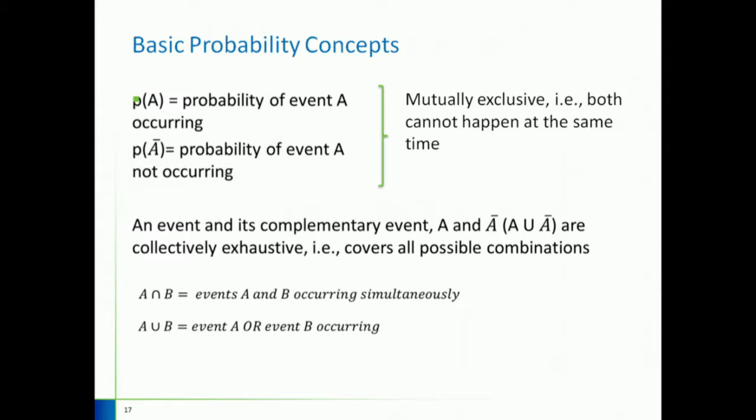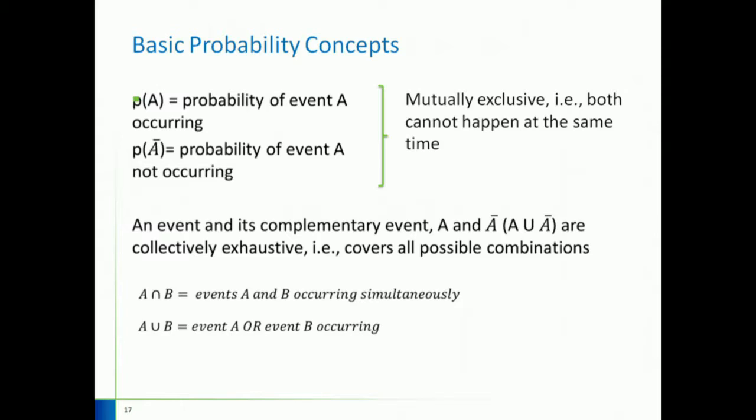This sign here, I'm sure you remember that very well. Events A and B occurring simultaneously, and this sign means it's either event A or event B occurring. The probability of something, in our case, is always greater than 0. If it is 1, that event is likely to occur.